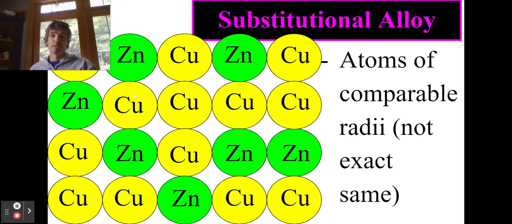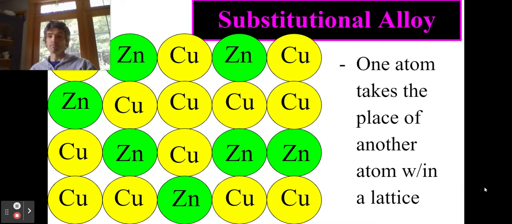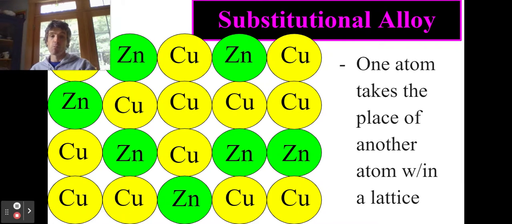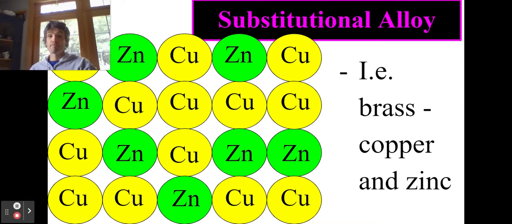Brass is made of copper and zinc, roughly 65% or a little more copper than zinc. They have comparable radius, but they're not exactly the same. They basically just plug one atom into the other in the lattice. And so this is brass.